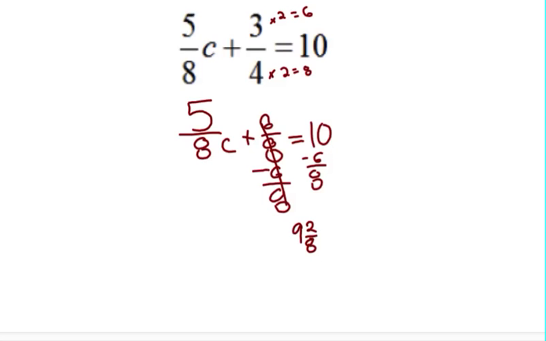This means that 5/8 C equals 9 2/8. You subtract first because you are working backwards using PEMDAS.